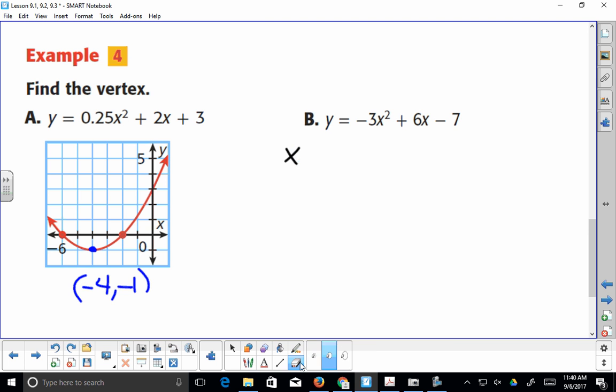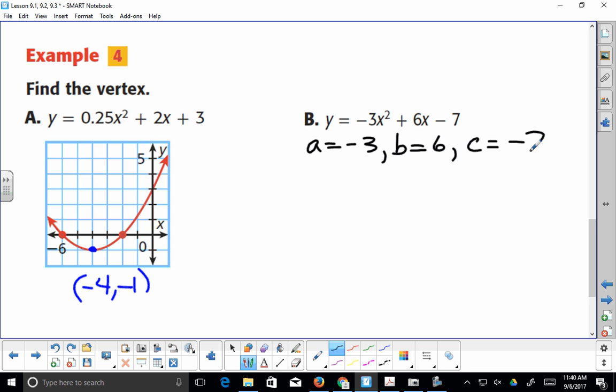So first I'm going to identify a, b, and c. a is -3, b is 6, c equals -7. All right, so I'm very clear what they are. And remember, it's got to be in standard form: y equals ax squared plus bx plus c.